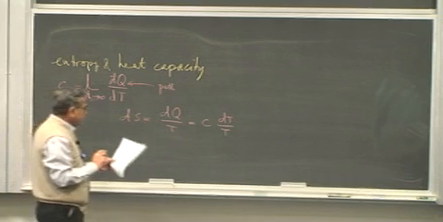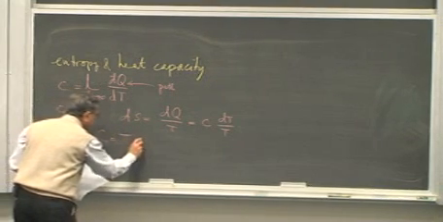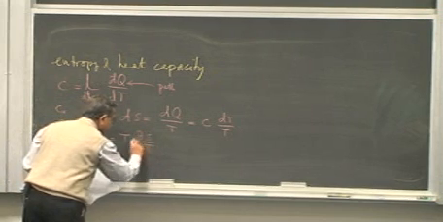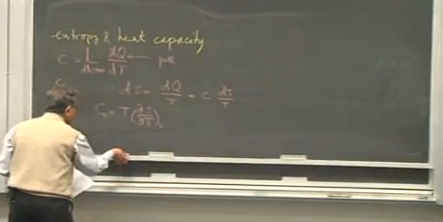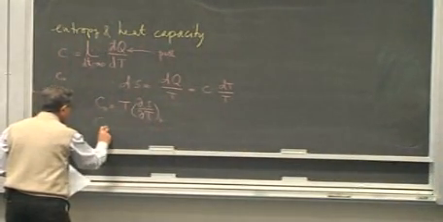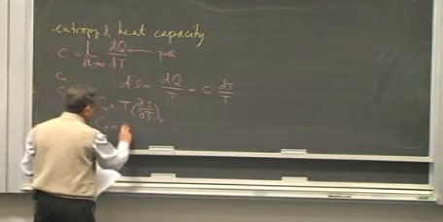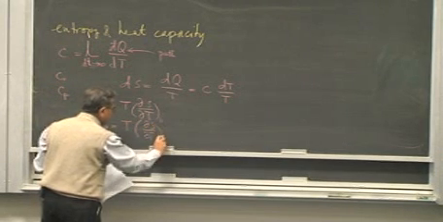And because of this, heat capacity at constant volume becomes T times the partial derivative of S with respect to temperature at constant volume, and heat capacity at constant pressure, Cp, becomes the same with pressure kept constant.